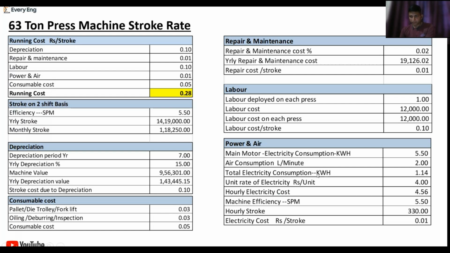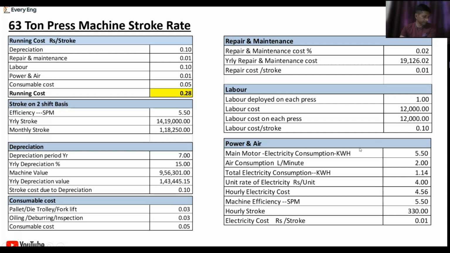This is about what motor is used in our machine. In a 60-ton press machine, we are using 5.5 kilowatt electricity. So we calculate. This is a simple process, but we need the maintenance guys' help for this calculation.